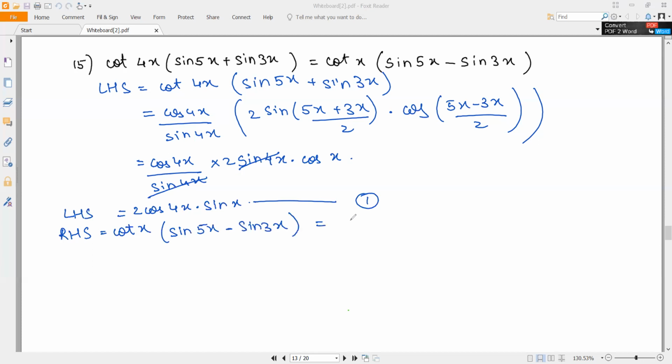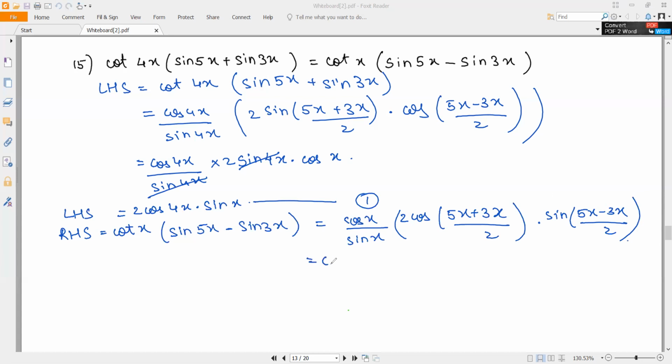So this can be written as cot x is cos x upon sin x into 2 times sin A minus B, so it will be first cos A plus B, 2 times cos of A plus B divided by 2 into sin of A minus B divided by 2.